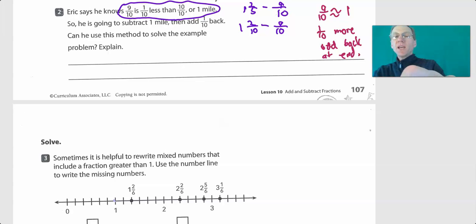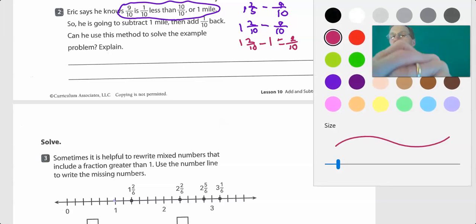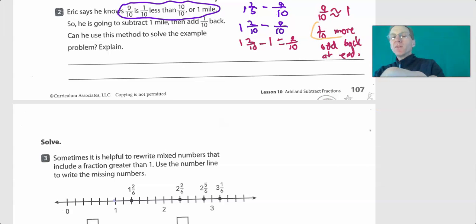Okay, so let's add 9/10 plus 1/10. We have 1 2/10 minus 1, which is a really cool idea because now it's like, oh, that's easy. So 1 2/10 minus 1 is just 2/10. But I did subtract 1/10 more, so now I have to add that back.